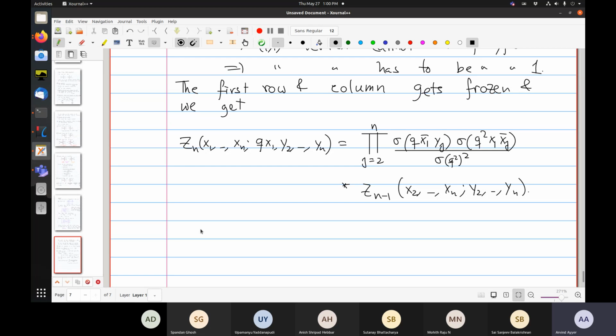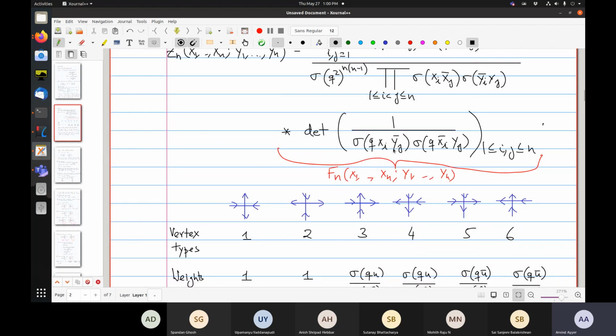Okay, and for Fn it's a little more complicated. You cannot just set y1 equals qx1 over here in this matrix, because this factor is in the denominator and it will give you a 1 by 0.